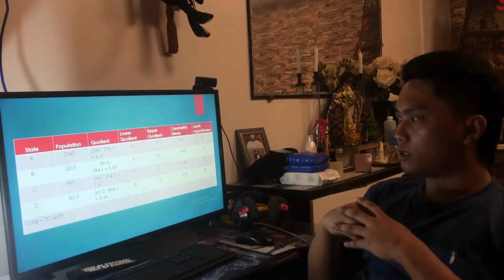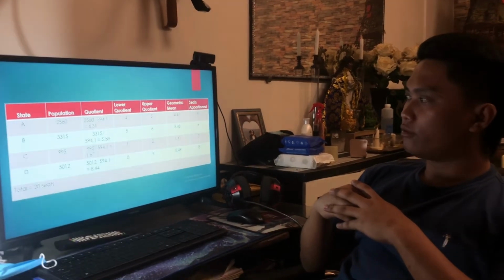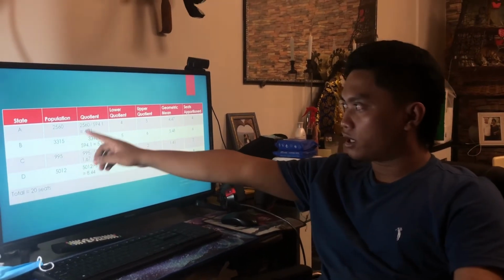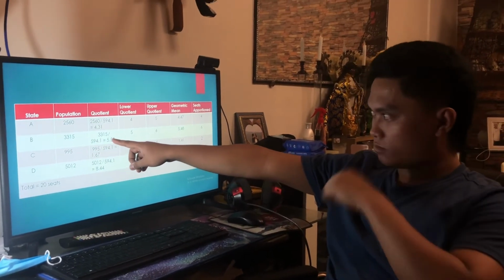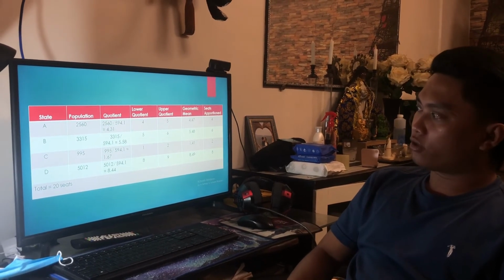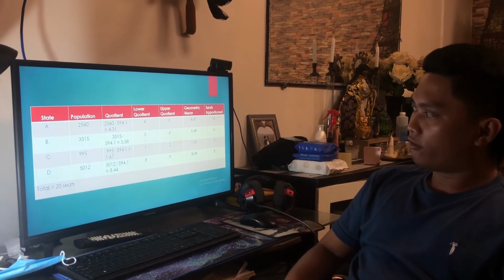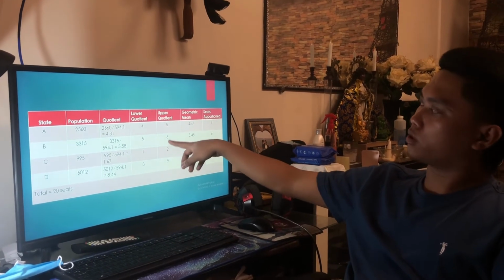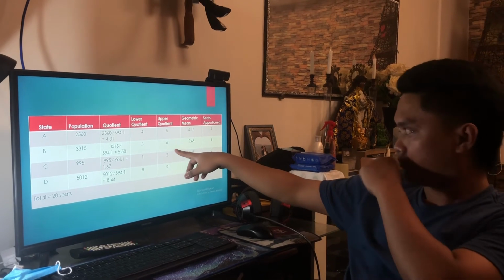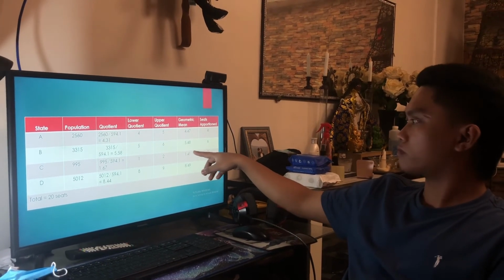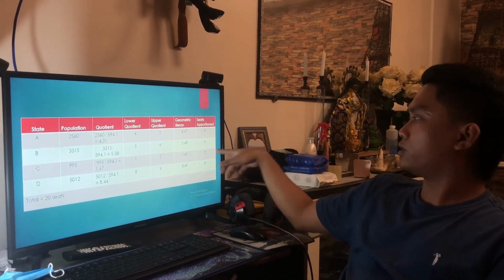For state B, 3,315, and the quotient is 3,315 divided by 594.1, which equals 5.58. The lower quotient is 5, the upper quotient is 6, the geometric mean is 5.48, and the seat appointed is 6.